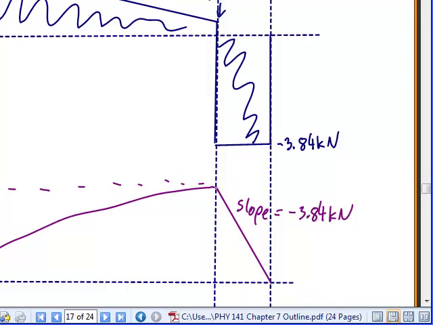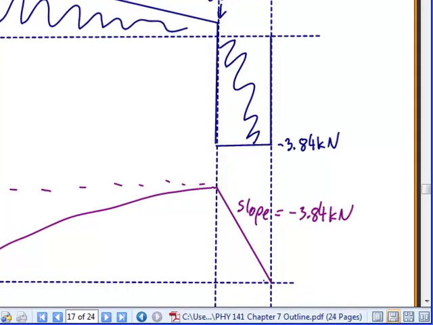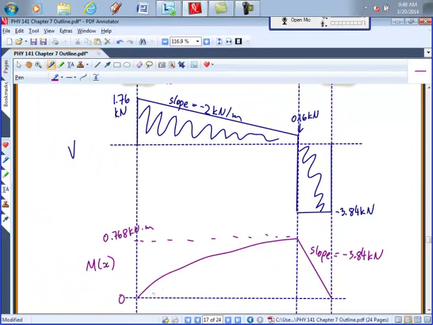And if I travel that slope for 0.2 meters, that should bring me back down to 0. If it doesn't, we've made a mistake. So does it bring us back to 0? Yeah. All right. And then I'm going to shade that one in.